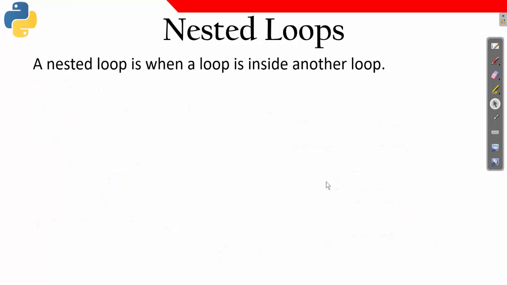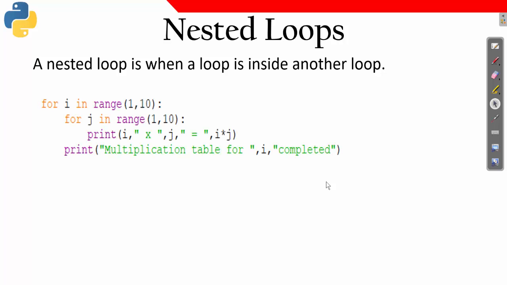Okay. So we have nested loops also. A loop inside a loop is called a nested loop. Within the first for loop, I have for i, where the value of i is changing. In the second loop, the value of j is changing, and I am writing a multiplication table, i cross j equal to i star j.